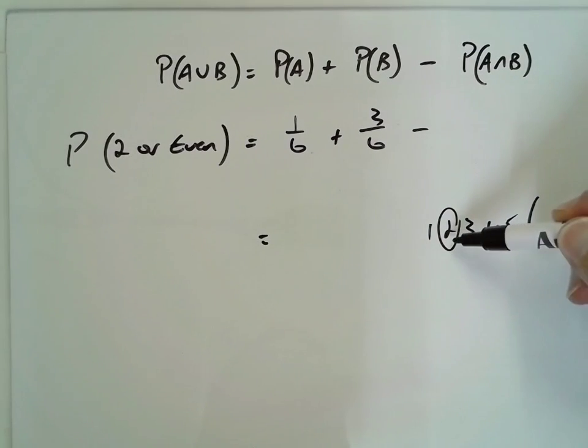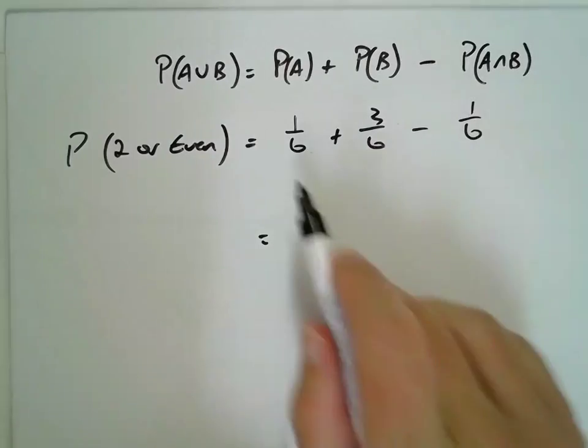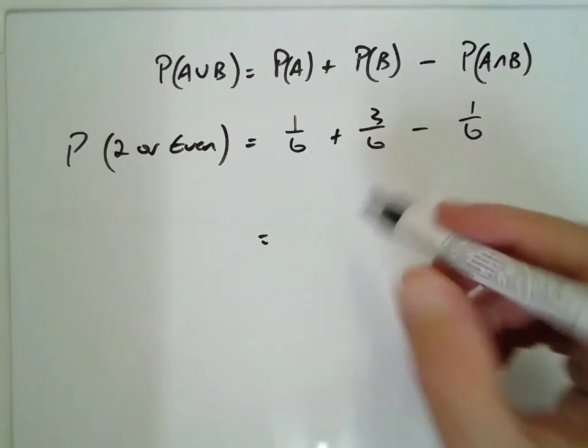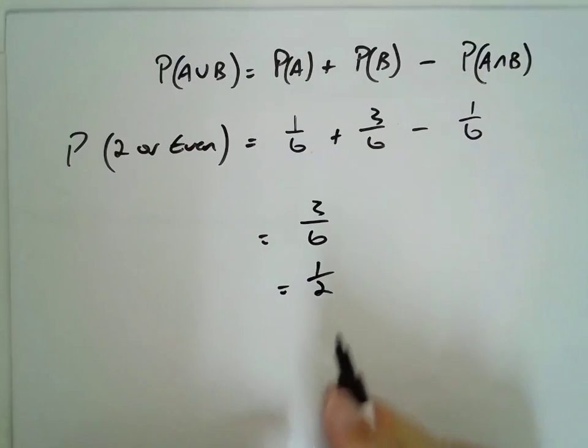Well, that's the only one that's both 2 and even, so there's 1 out of 6. So that gets rid of our duplication. So 1/6 plus 3/6 minus 1/6 is 3/6, which is a half. And that makes sense with what we were thinking about before with our WOPO.